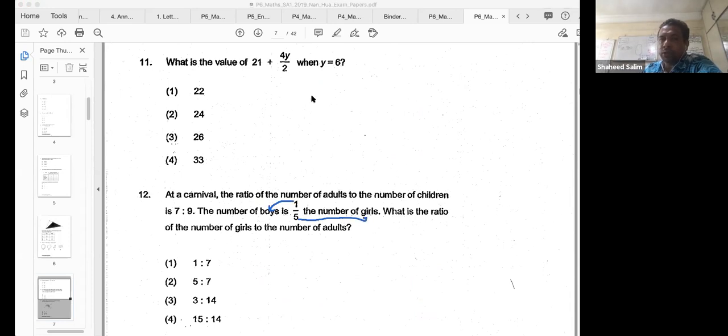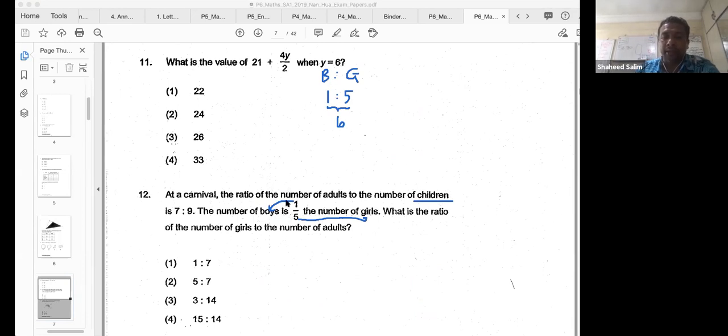So we know that the ratio now of the boys to girls is 1 is to 5. Now the boys and girls, if you add them together, is 6. Now these boys and girls you plus together is children, you know. Do you agree, Putri? Boys and girls combined become children. So now the children now total is 6.